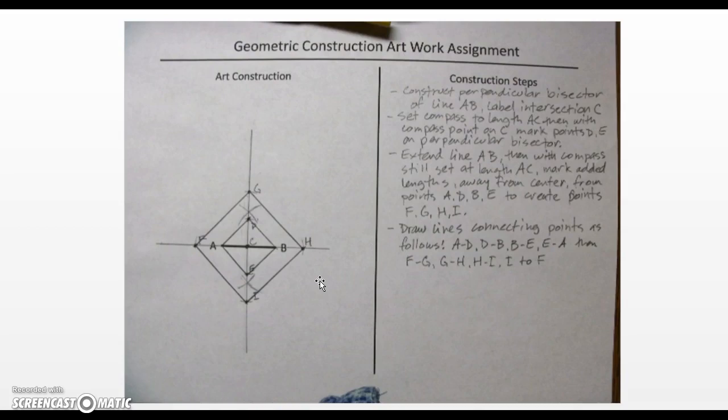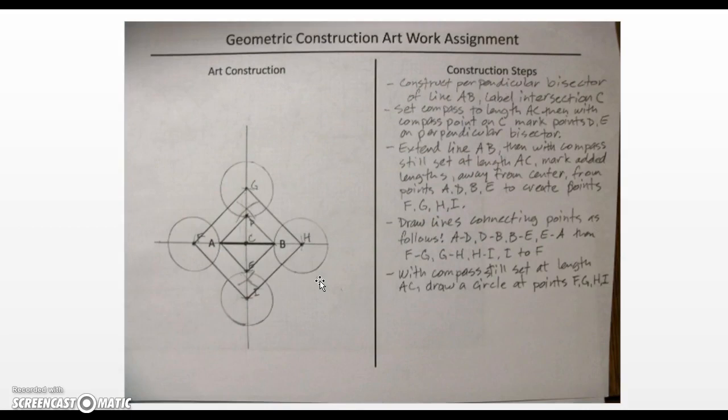I'll let you read that. And then finally, with the compass still set at the length AC, draw a circle at the points F, G, H, and I. And then this will look like the example that I just showed you, the hand sketch. Okay, so any questions on how this was done so far? Okay, good.